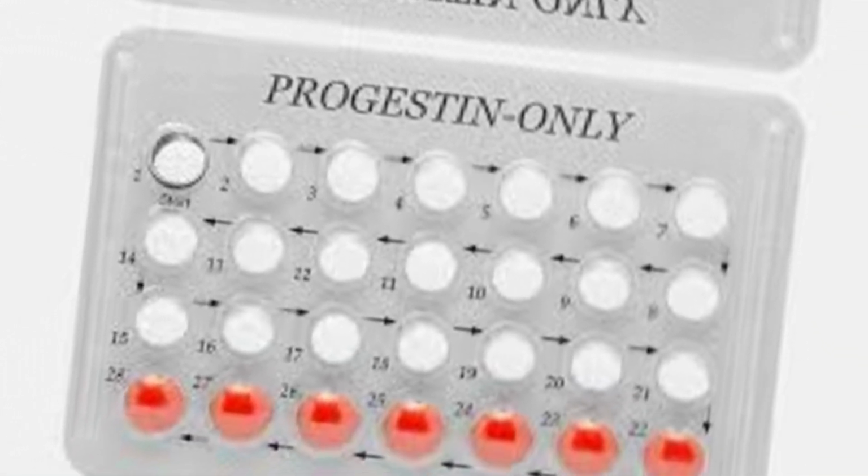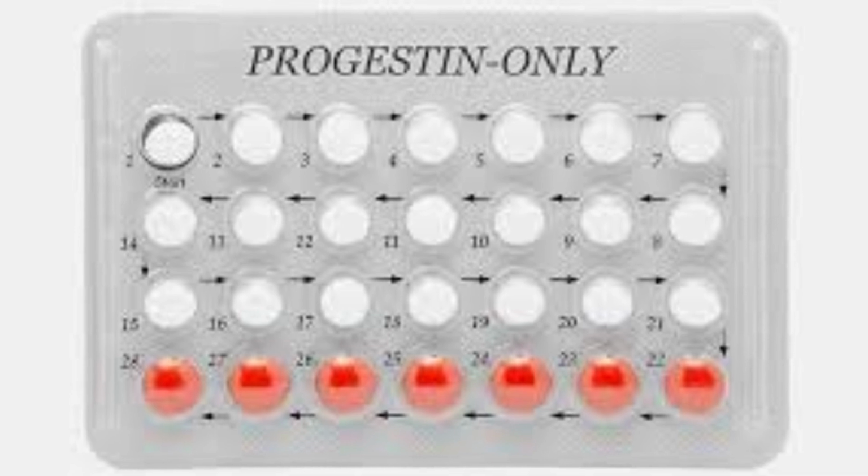Combined oral contraceptives and progestin only pills basically inhibit the release of a hormone called gonadotropin releasing hormone. If they inhibit the release of this hormone, there will be no release of the pituitary hormones, the likes of luteinizing hormone and follicle stimulating hormone, which play a very major role in the human menstrual cycle.